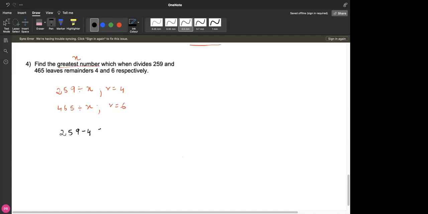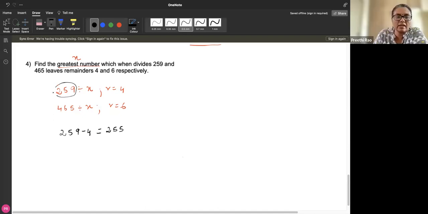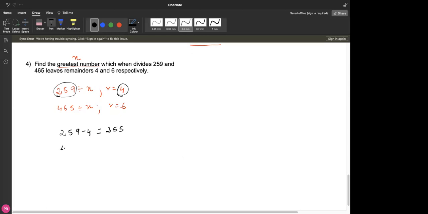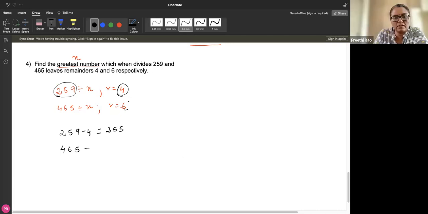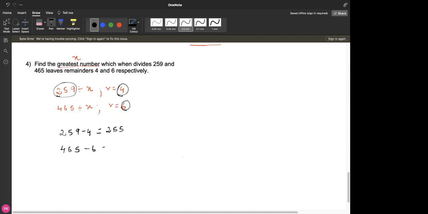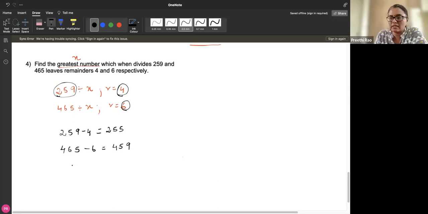And from 465, we subtract the remainder 6, and we get 459. Then Vijay says, find the HCF of 255 and 459.